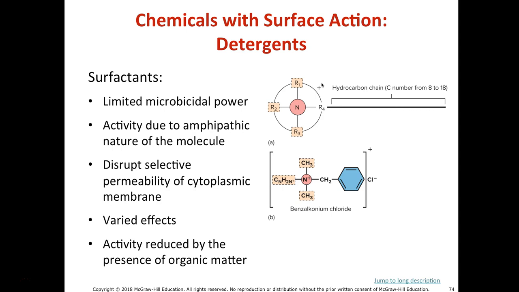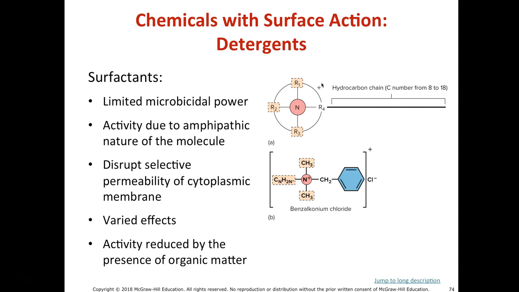And when it's drawn to it, it is going to bind to the plasma membrane and basically just get rid of the selective permeable membrane that's created by the plasma membrane. And of course, if we ruin that permeability, then it is going to basically cause cell death.